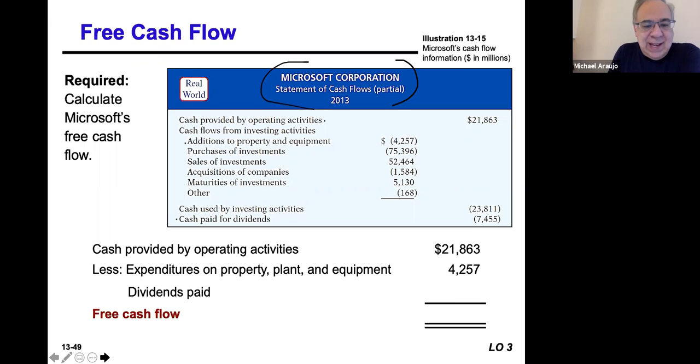You take away the property, plant, and equipment. That's the only property, plant, and equipment. Purchase of investments is not the same thing. Capital expenditures are property and equipment, not buying stock in another company. That's not capital from a business perspective here. And your dividends paid, 7,000. So you subtract those two out, and your free cash flow is 10. I'm going to say this is billion. Yeah, $10 billion, $151 million in cash flow.